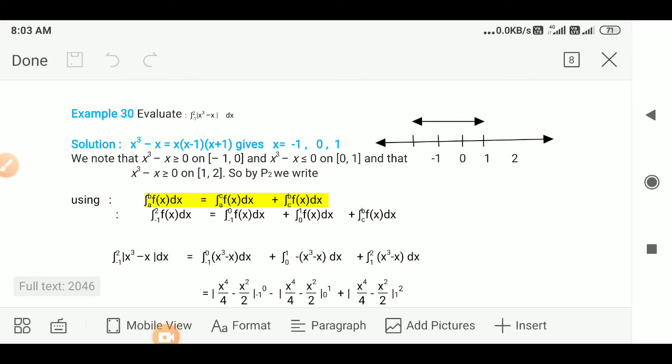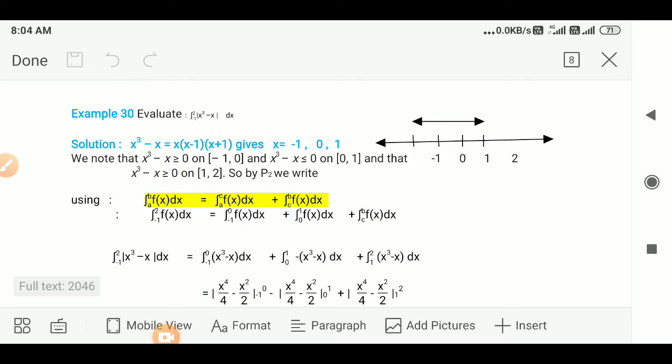Example from text: evaluate integral minus 1 to 2 of modulus x cube minus x dx. Here x cube minus x, you can write as x common, x square minus 1, and x square minus 1 again factorized, we get x minus 1, x plus 1.